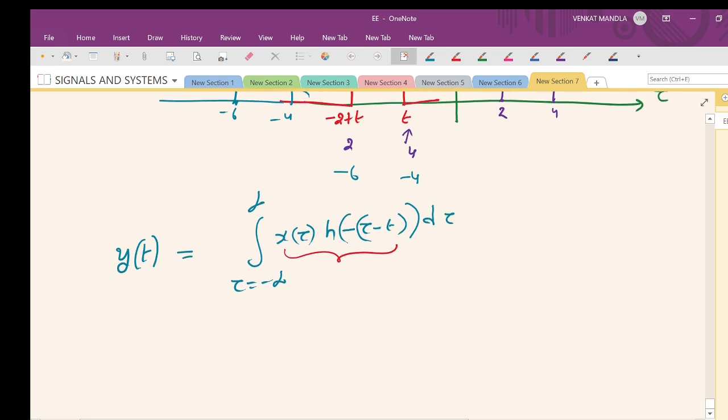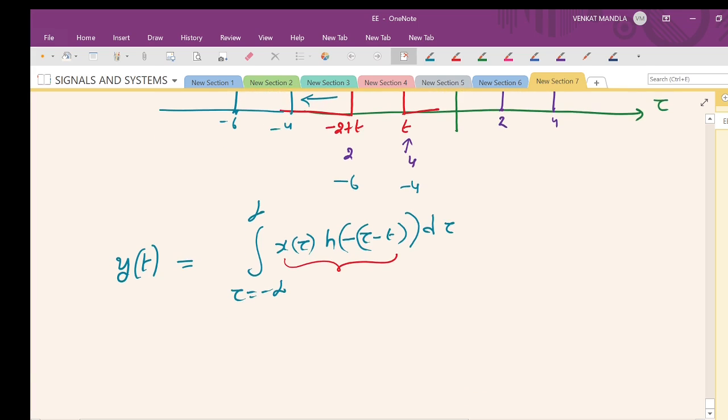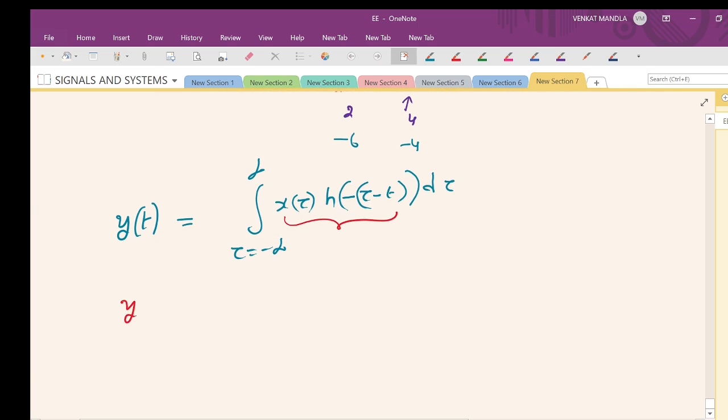The extreme limits of y(t), we already know, are 0 to 6. If t is less than 0, the multiplication of x(tau) and h(t minus tau) will become 0.